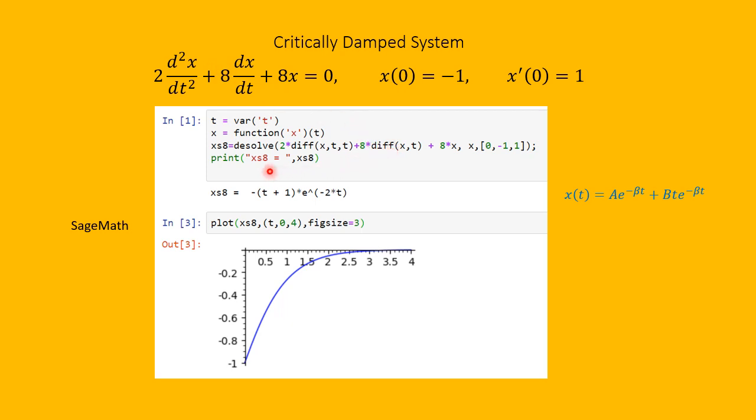And then we will print out xs8, which is the solution. And here it is. xs8 is (-t + 1) times e to the minus 2t. If you look at this, you'll notice that it's in the following form: x of t is a constant times e to the minus beta t plus a constant times t e to the minus beta t.